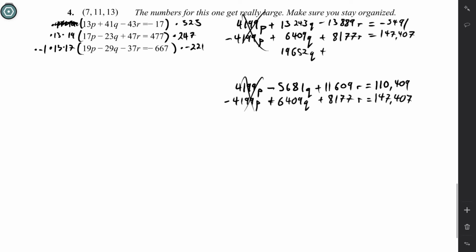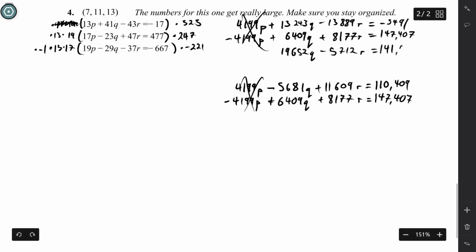Oh, it's negative. Let me make sure I get that in. Negative 5,712 R, and that equals whatever 147,407 minus 5,491 equals. You're not going to have a question this long on your test, don't worry. 141,916.